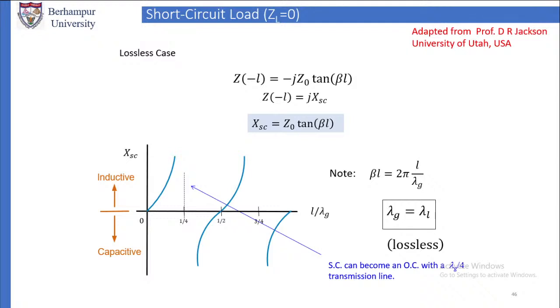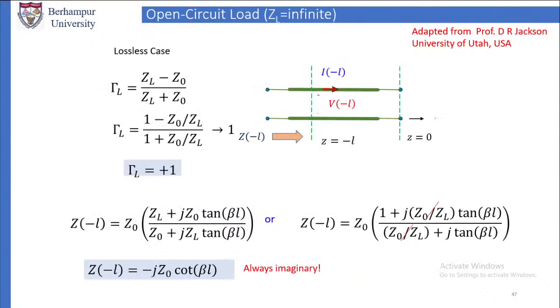When beta L is equal to pi by 2, then L is equal to lambda g by 4. So if it is lambda g by 4, that becomes an open circuit. Infinity means it is open circuit. Zero means it is short circuit.